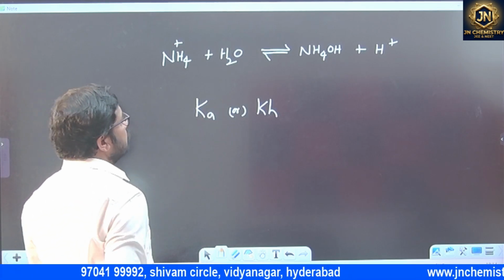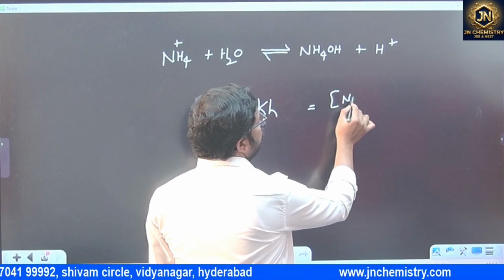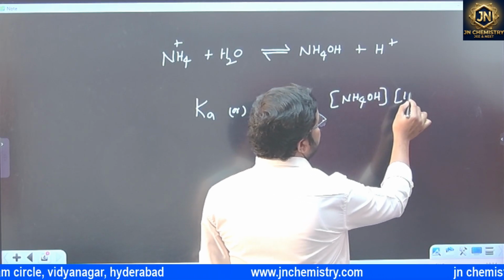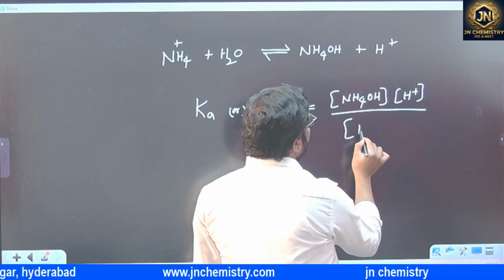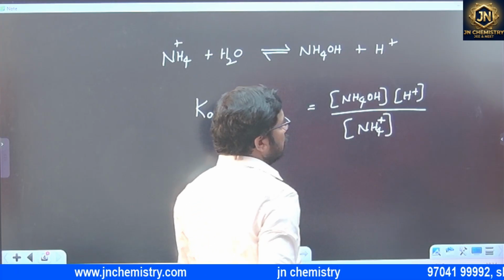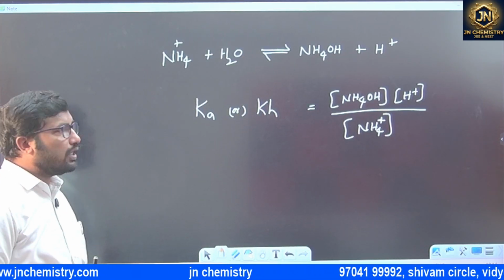Ka or KH is nothing but the concentration of NH4OH times H plus ion concentration, divided by NH4 plus concentration. KH is nothing but the hydrolysis constant.